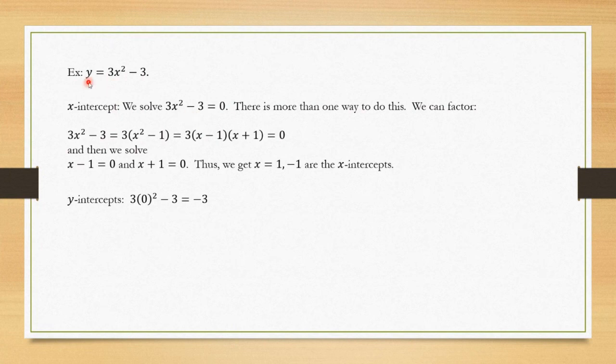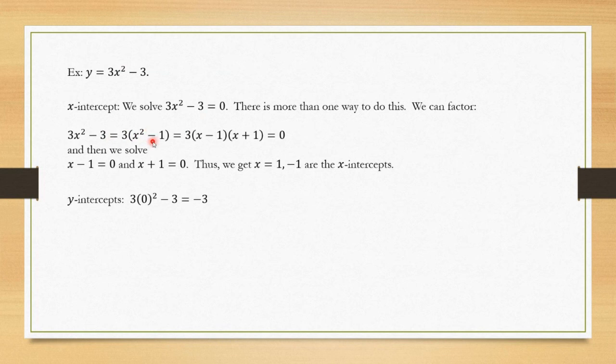So by setting y to be 0, this equation is what we have to solve. And again, we're back in 1.2. You could solve this using the quadratic formula if you want, but I just factored. Basically, you can factor out a common factor of 3. So 3 is out. Then you have x squared minus 1.